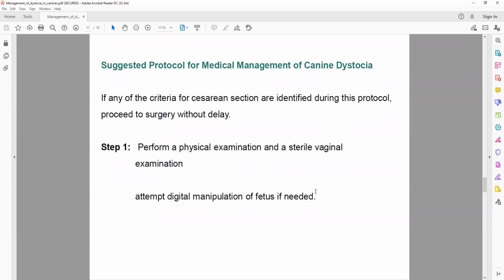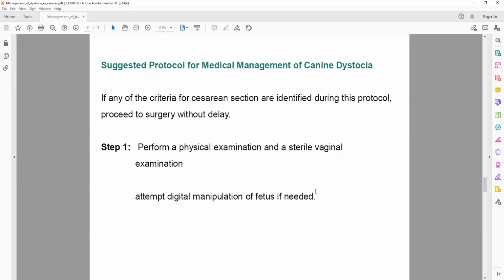Once you have diagnosed it properly, that yes, this is a case of dystocia, the first step will be a per vaginal examination, a physical examination, by lubricated gloved finger. Make sure you are not damaging the birth canal by putting in your bare hand or without lubrication. So put proper lubrication.